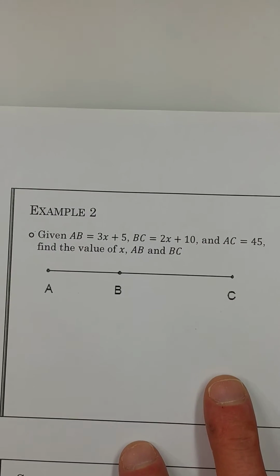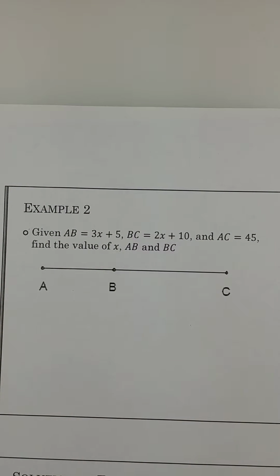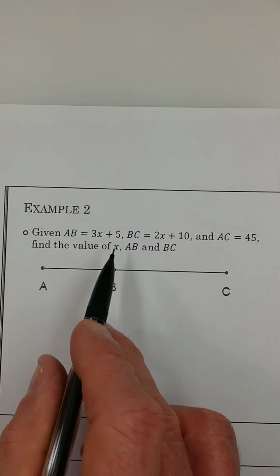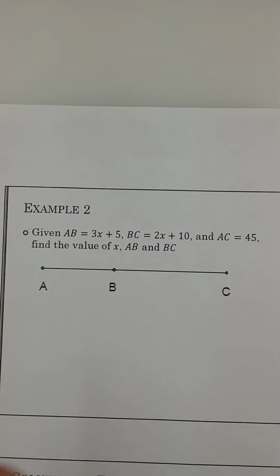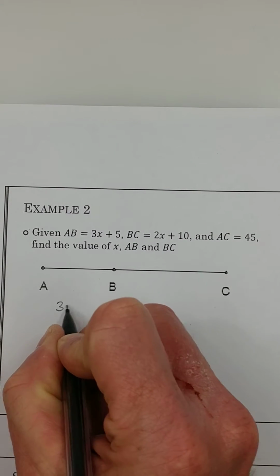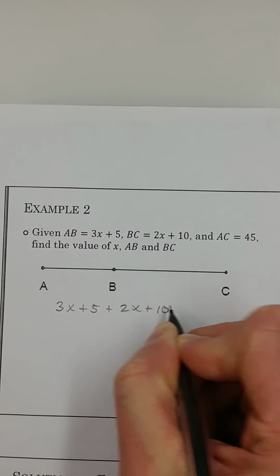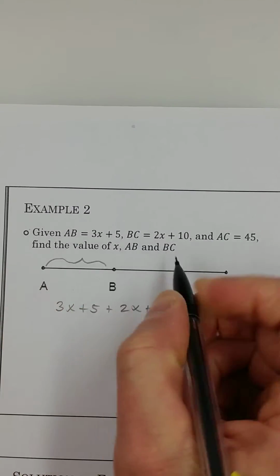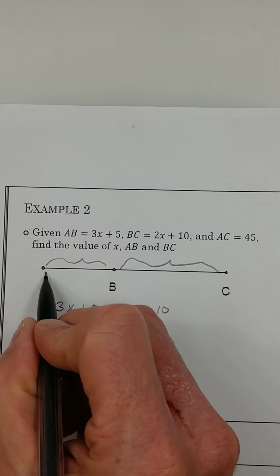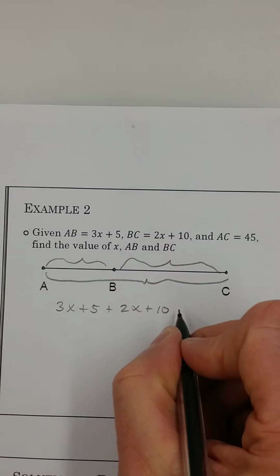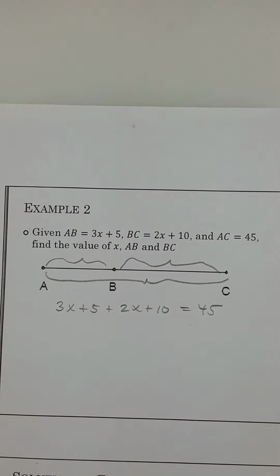Here's a similar example, number 2. Given AB is 3x plus 5, BC is 2x plus 10, and AC is 45. Again, find the values of x, AB, and BC. Well, if we set up the equation, doing the segment addition postulate, AB plus BC gives us AC, which is 45.